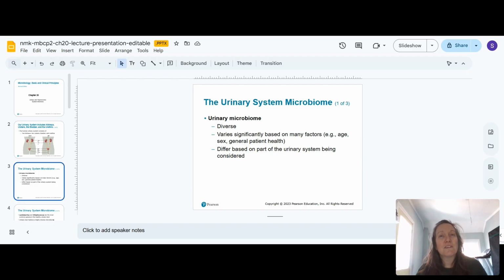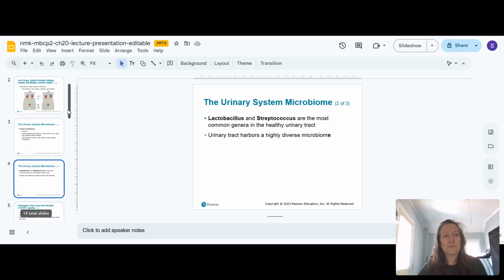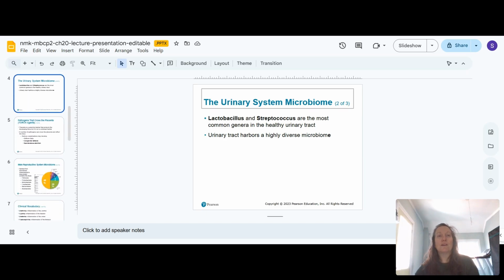And we'll also see differences of the microbiome within one individual throughout their life. Age, sex, and environmental factors such as health and food can all contribute to different species in the microbiome. And while there are over a dozen different genera in this system, Lactobacillus and Streptococcus are the most common genera that we find.